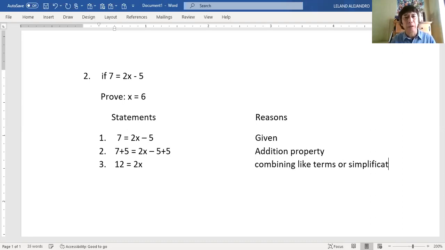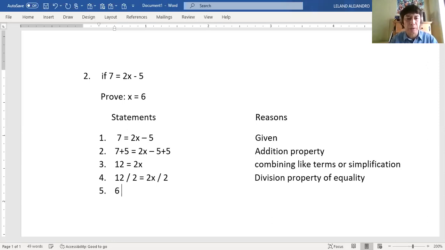Like that. And then for the next line, you apply, of course, division. So you divide the left side by 2. And you have the right side also divided by 2. And of course, the reason for this is division property of equality. There. And then the next line will give us 6 equals x. And that's by simplification.